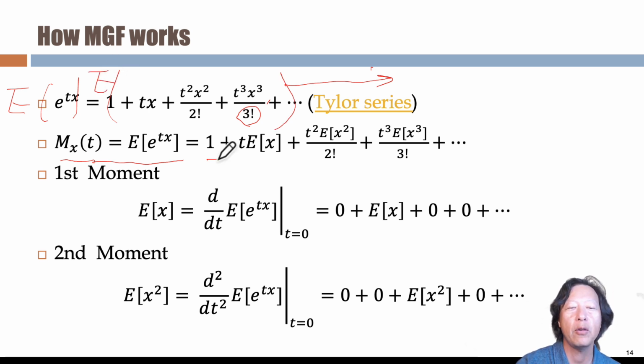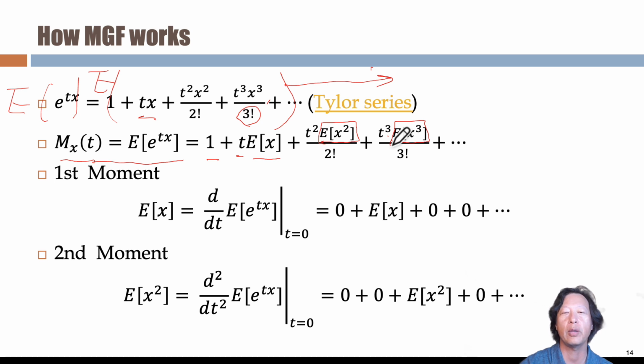The expected value of tX is t times the expected value of X, because the expectation is with respect to X. Then t squared is just a number, as is 2 factorial, and it leaves the expected value of X squared. And this is X cubed, expected value of X cubed, and so on.